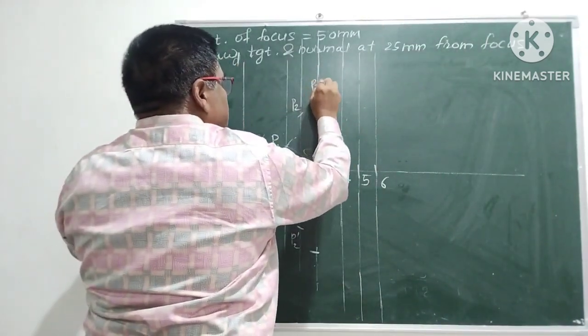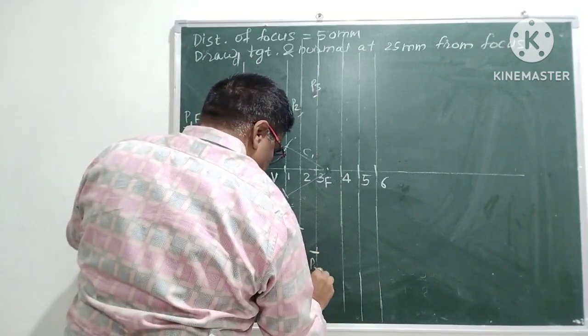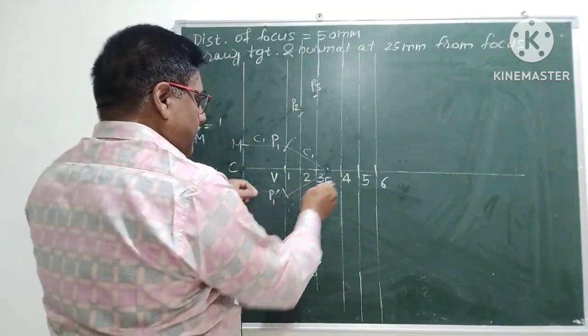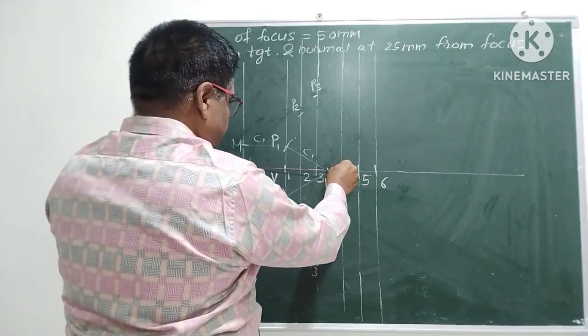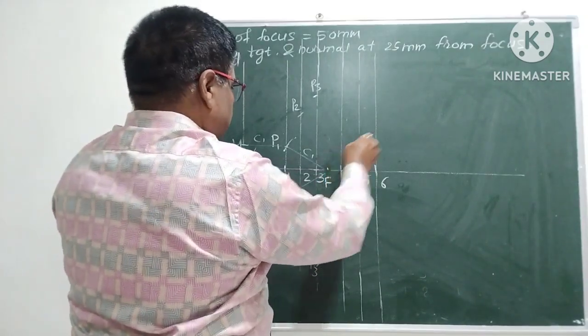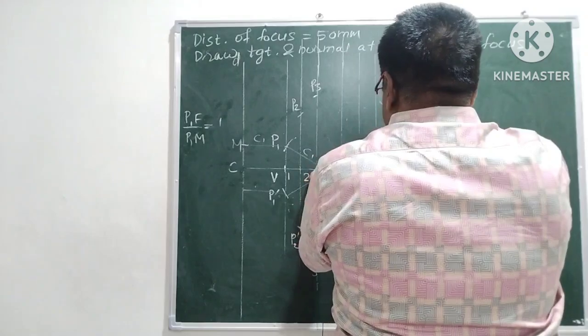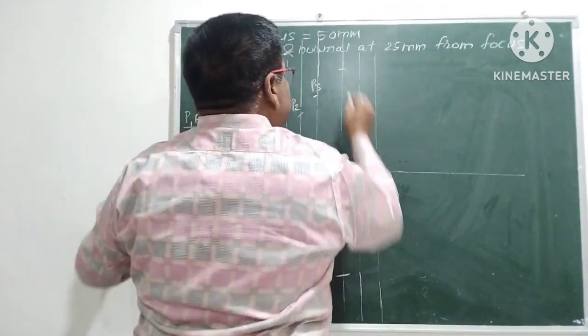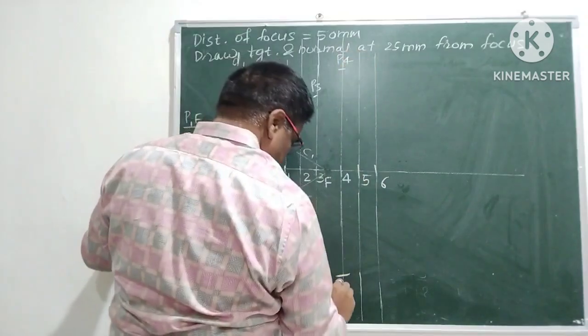This is P3 and this is P3 dash. Next is C4. Center is the focus. Cut the fourth line on both sides: P4, P4 dash.